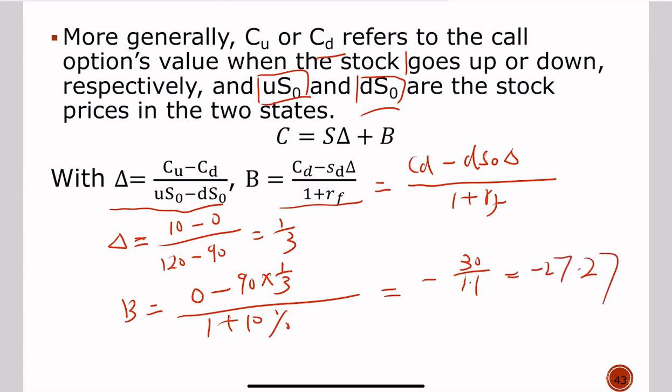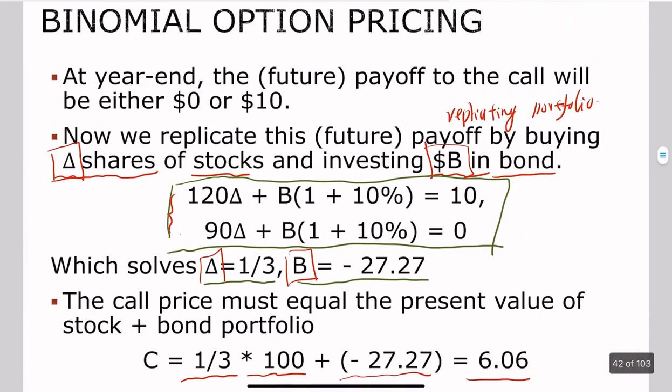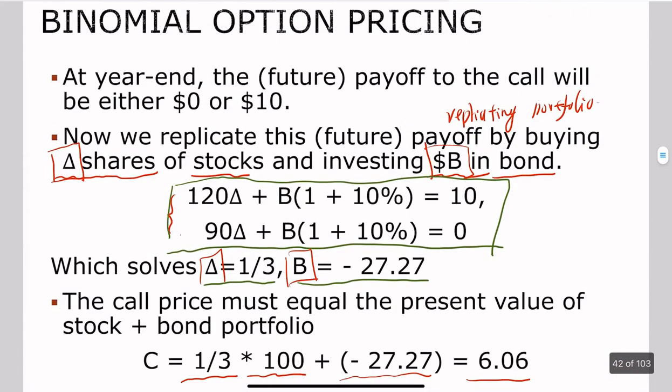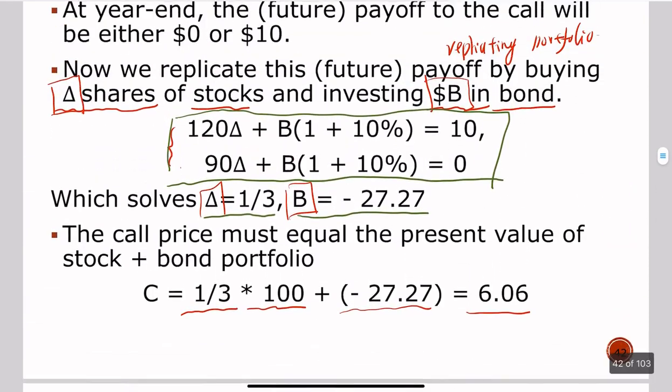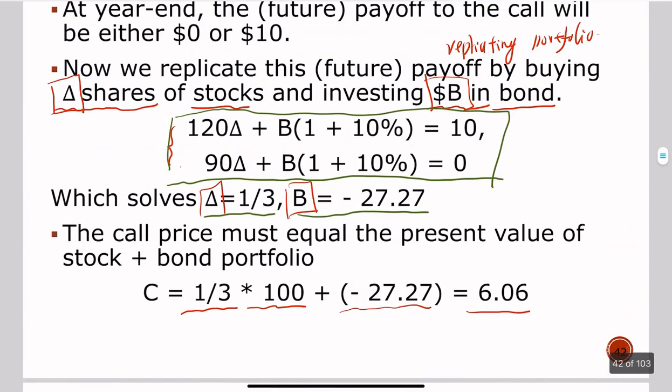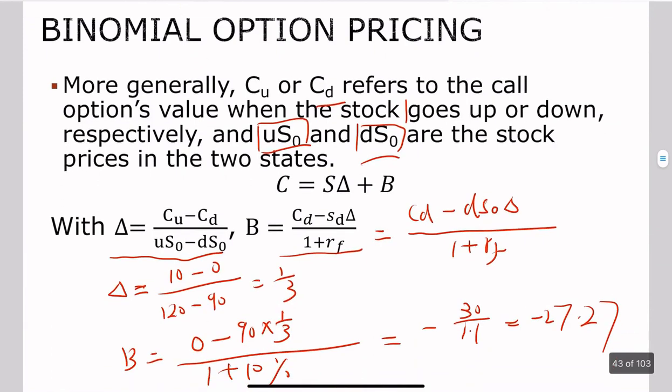In the exam, you don't need to exactly follow these complicated processes, these equations. It's good if you can solve this, right? In the exam, you can directly plug in numbers using this more general result. However, make sure you understand what is CU, what is CD, what is US0, what is DS0, right?